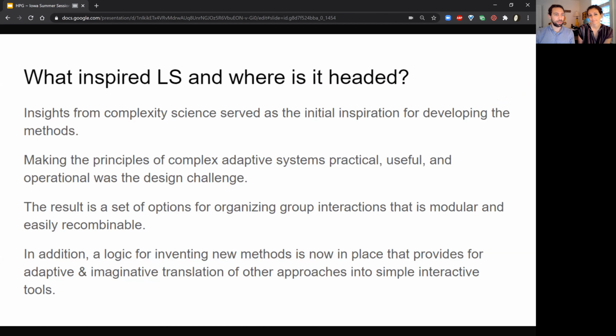And then just the tiniest bit about what inspired it and where it's headed. We probably won't do the full bit on complexity science. No, I think the most important thing for folks to know about complexity science, and we can do another one of these on complexity if that's helpful or interesting, is this: complexity science is essentially the idea that humans in groups, and maybe in society in general, operate a little bit more like the natural systems of the world than like machines.